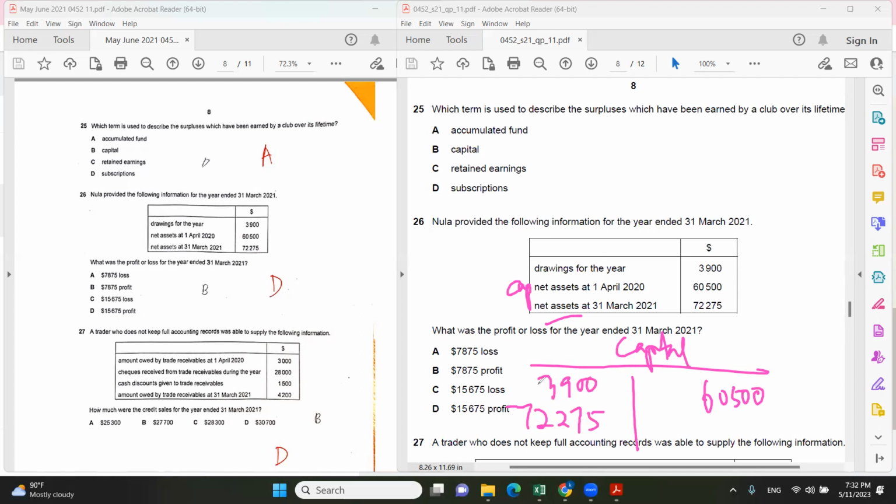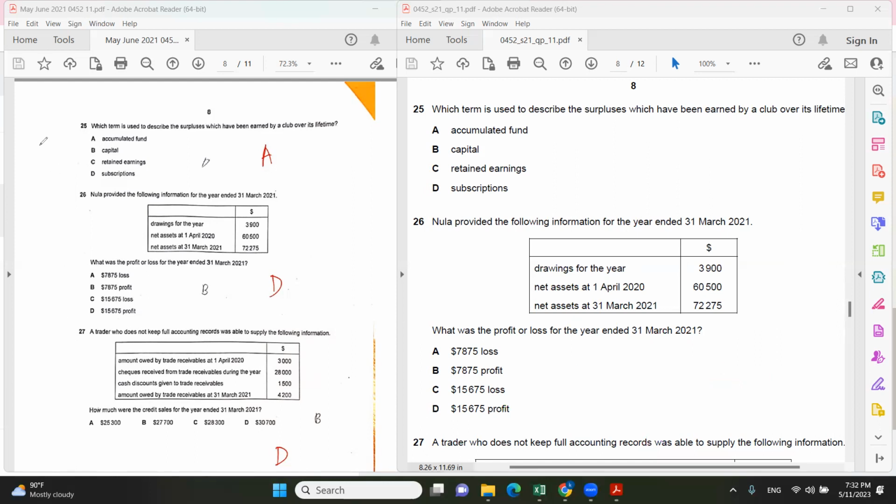The T account concept. So now debit more than the credit, that means we have the profit. So 3,900 plus 72,275 minus 6,050 and 760. So 15,675. So the answer, we should get the profit 15. So done. Okay. Now let's continue.